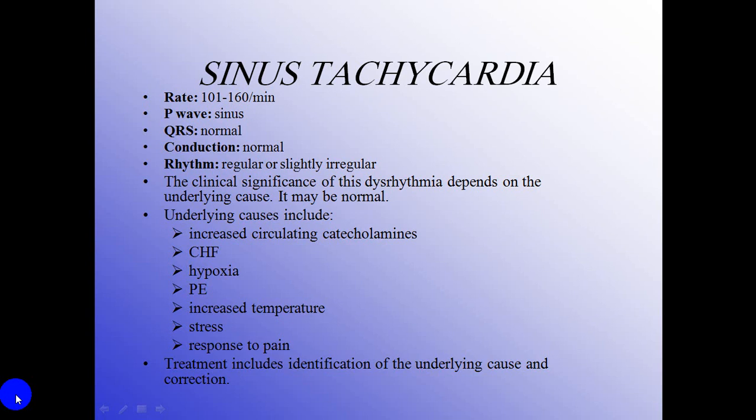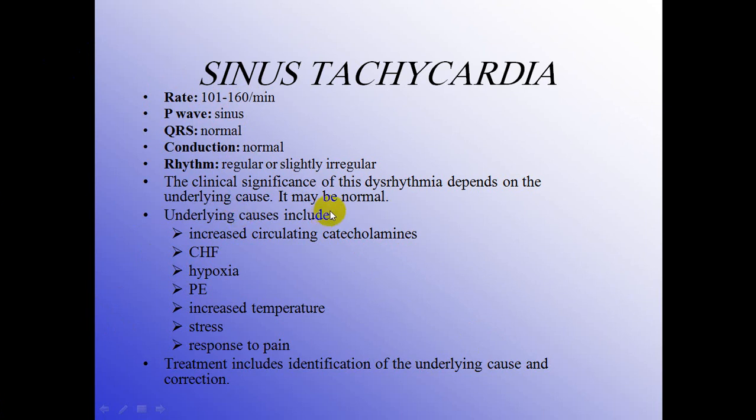We take some examples, the sinus tachycardia. If we read the record, the rate we will find is 100 to 160. P wave is sinus, QRS normal in duration and configuration, conduction normal, rhythm regular or slightly irregular. The clinical significance of this dysrhythmia depends on the underlying cause.